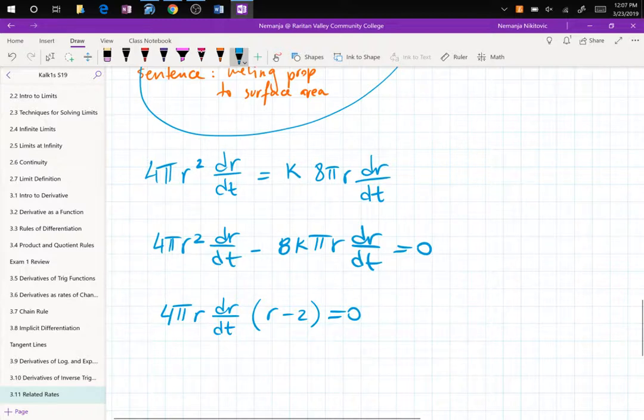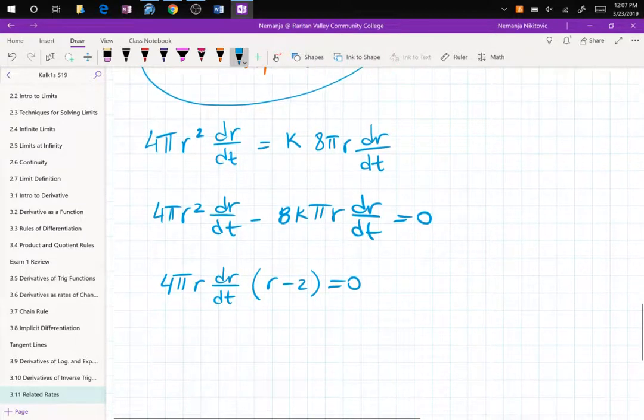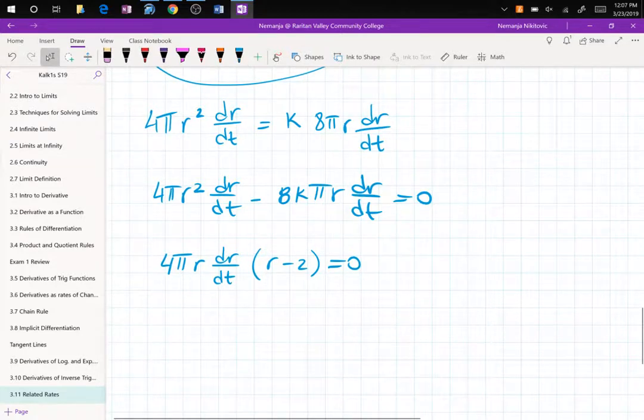There we go, finally. Holy nightmare. That's it. From here, we conclude that dr dt is 0, the derivative is 0. No, but that's not a constant rate, that's a zero rate.